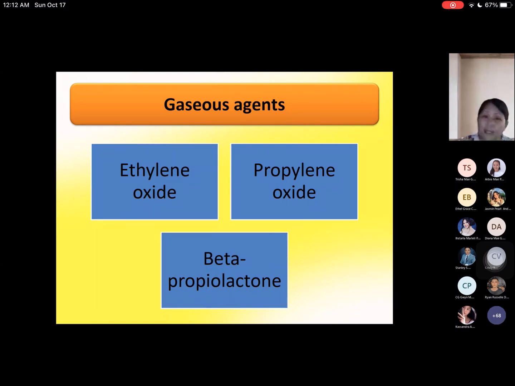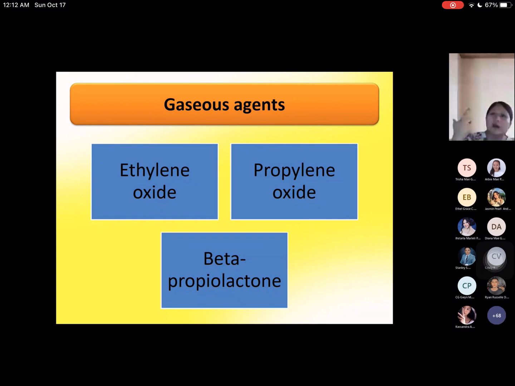So they are heat sensitive, so they can use ethylene oxide as a surface disinfectant. Next, we have the propylene oxide. The propylene oxide is also used as an air disinfectant. Also used in the hospital.